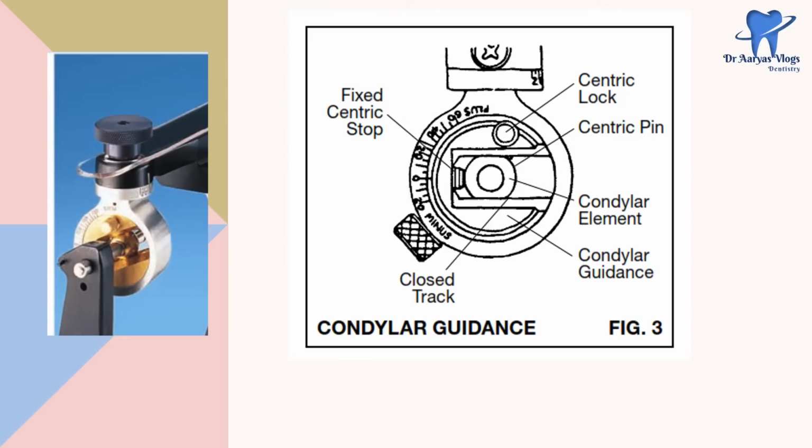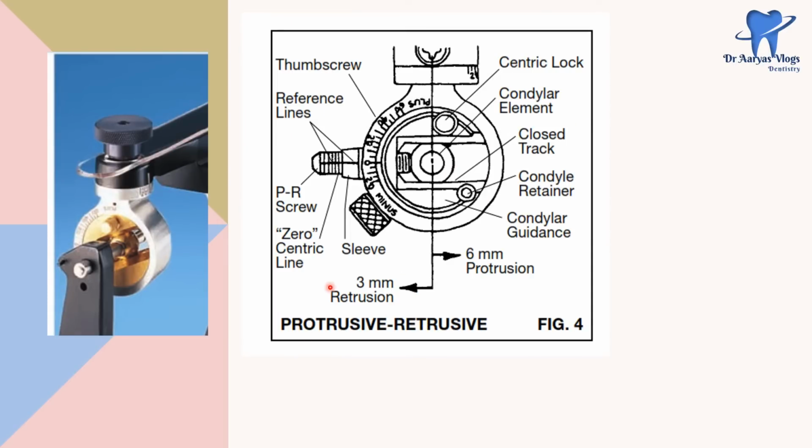And this is the PR screw. What is PR? That is protrusive retrusive. The micrometer adjustment permits the condylar element to be protruded 6 mm from centric or to be retruded 3 mm from centric. This is the adjustable protrusive retrusive.